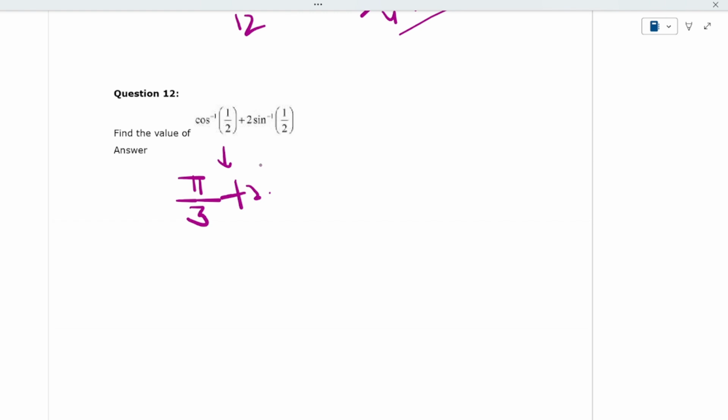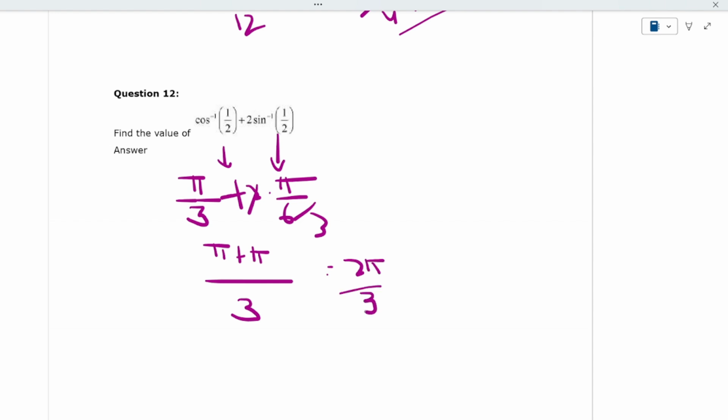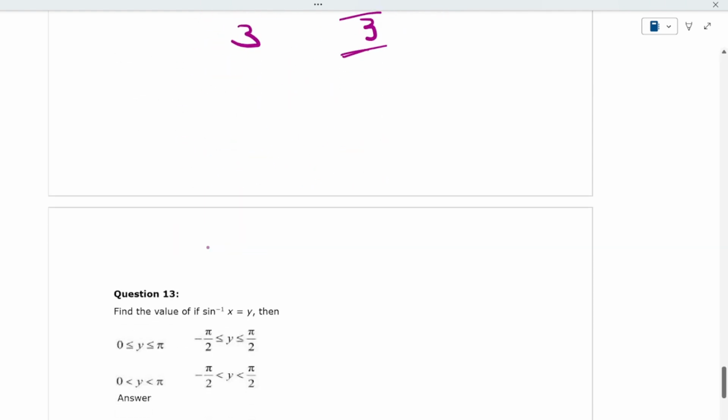So sine inverse of 1 by 2 is what? Pi by 6. 2 into pi by 6. Pi plus pi divided by 3, what would you get? 2 pi divided by 3 is the answer. This is the easiest method I have told you, so you can do it.